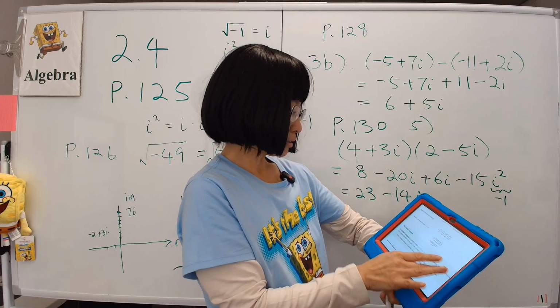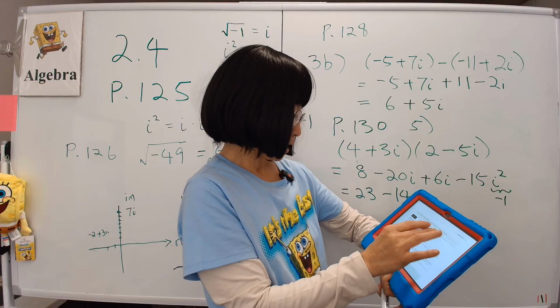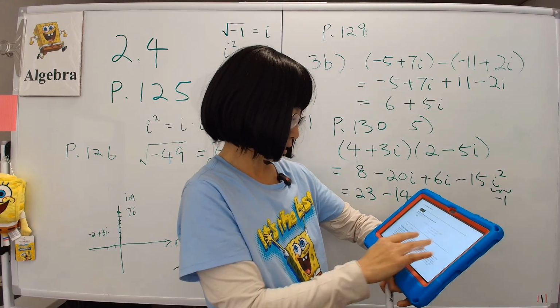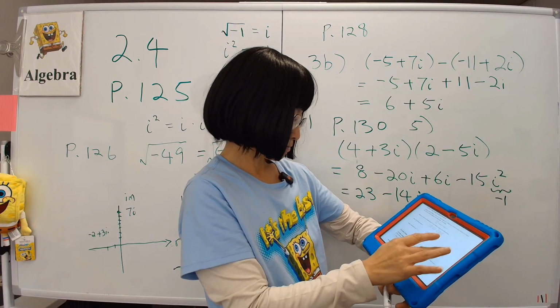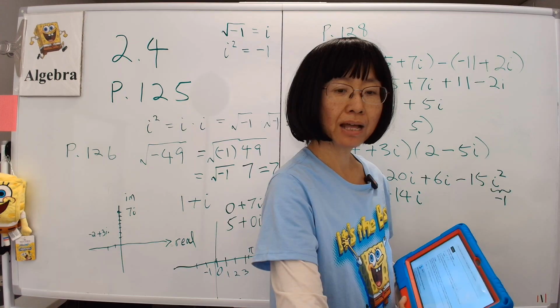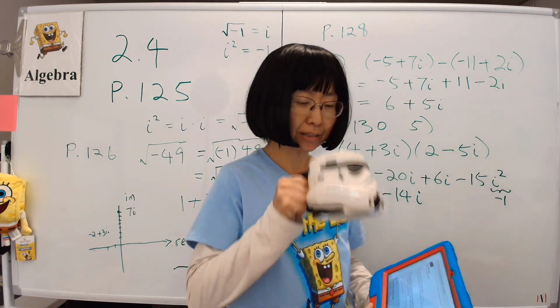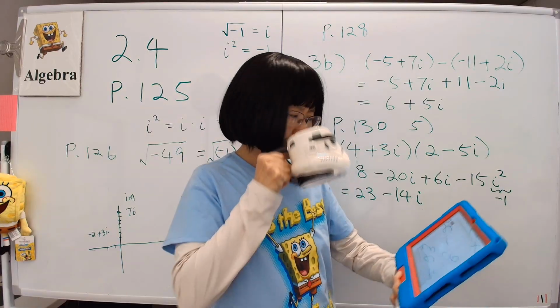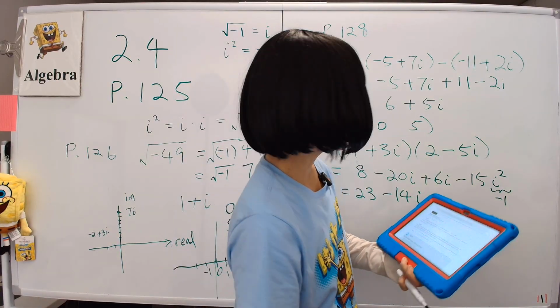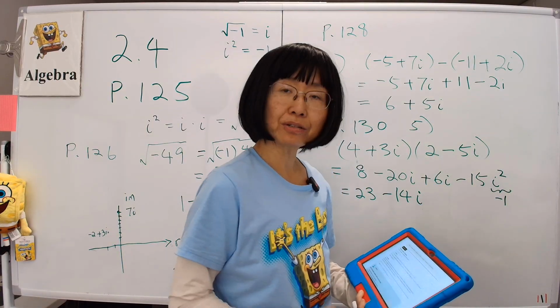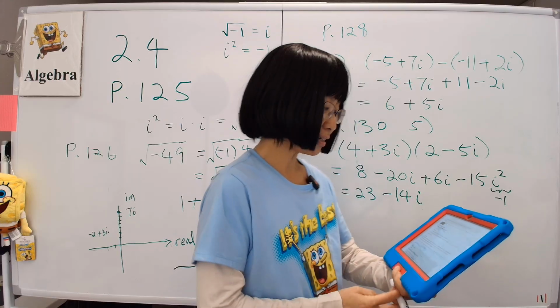Now to do the division, where's the example? Okay, now for division, first we have to find the conjugate. The conjugate means a number where you switch the sign of i.